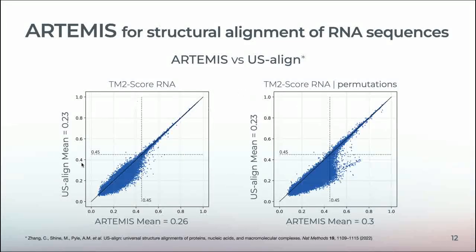So we plot our results on this scatter plot, in which each dot corresponds to a pair of TM-scores obtained by ARTEMIS on the x-axis and US-align on the y-axis. The dots under the diagonal correspond to higher values and better alignment performed by ARTEMIS.